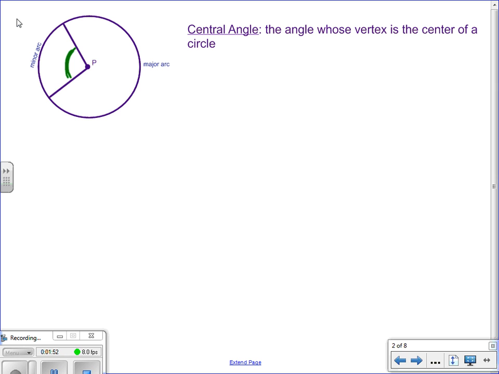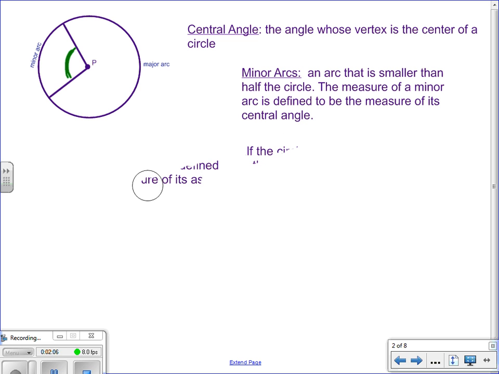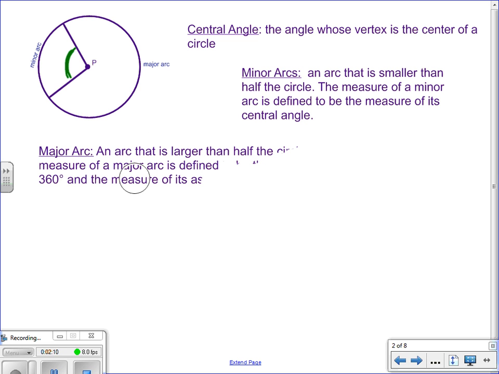And then you see I have labeled minor arc versus major arc. Minor means it's small. Major means it's large. Now these definitions are a little wordy, but just read through them and sum them up in your own words. So minor arc, that's smaller than half of the circle, so it's the little guy.